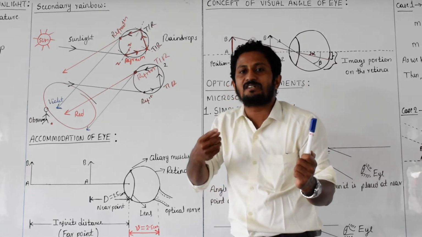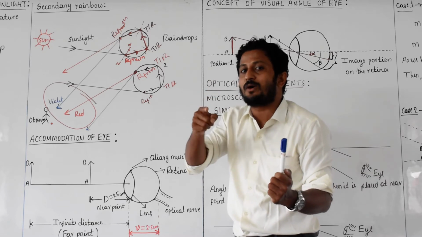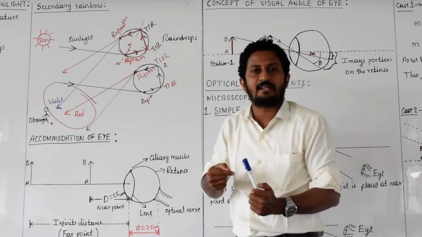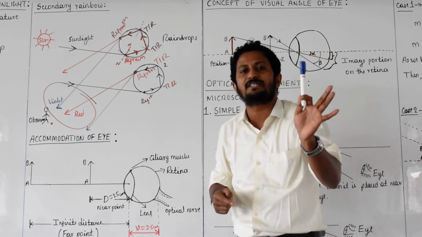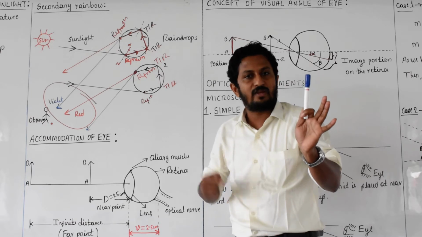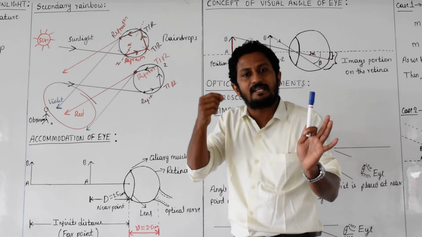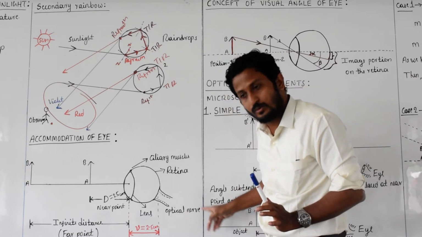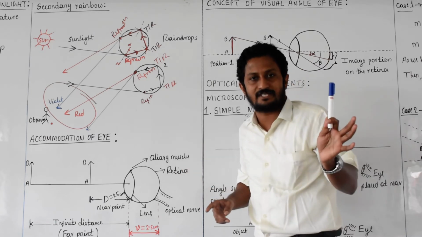Thereafter, all those refracted light rays meet on the retina. Where they meet, they produce the image of this object. When they meet on the retina, there is a signal from the optical nerve to the brain that there is an object.